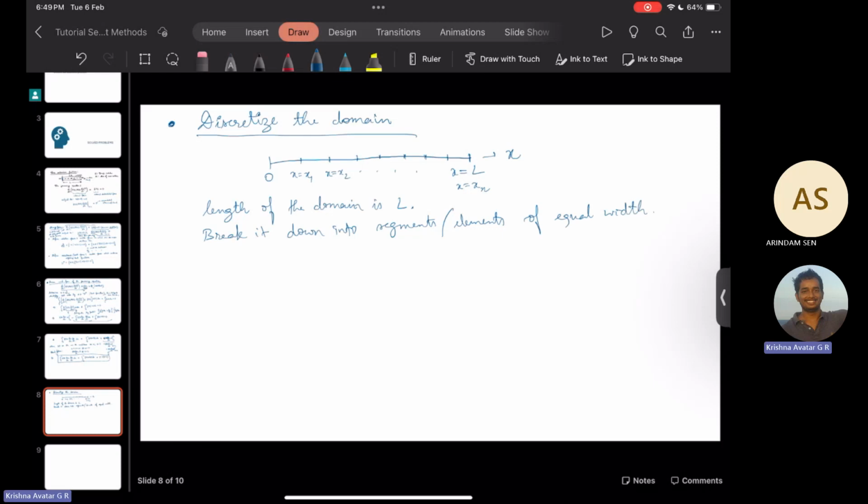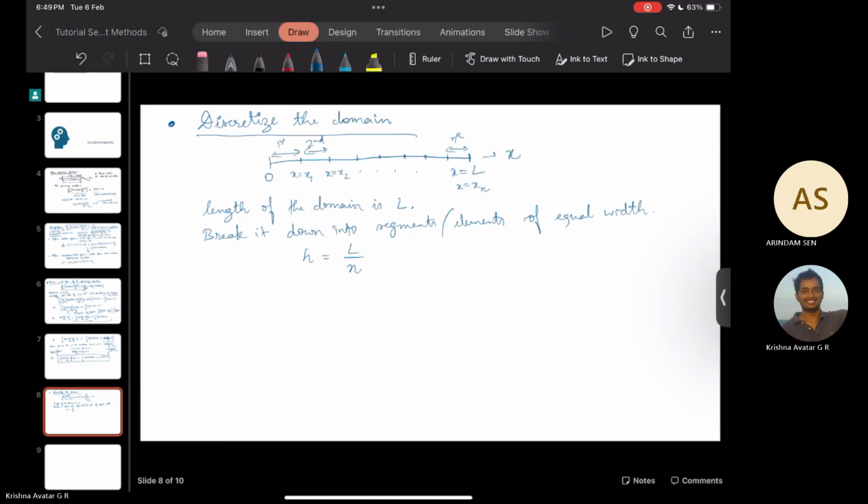And so the width here happens to be, first of all, let's decide how many elements we want. So this is one element, second, likewise, this is the nth element. First, second, and nth element. So the width will be h equal to L by n.